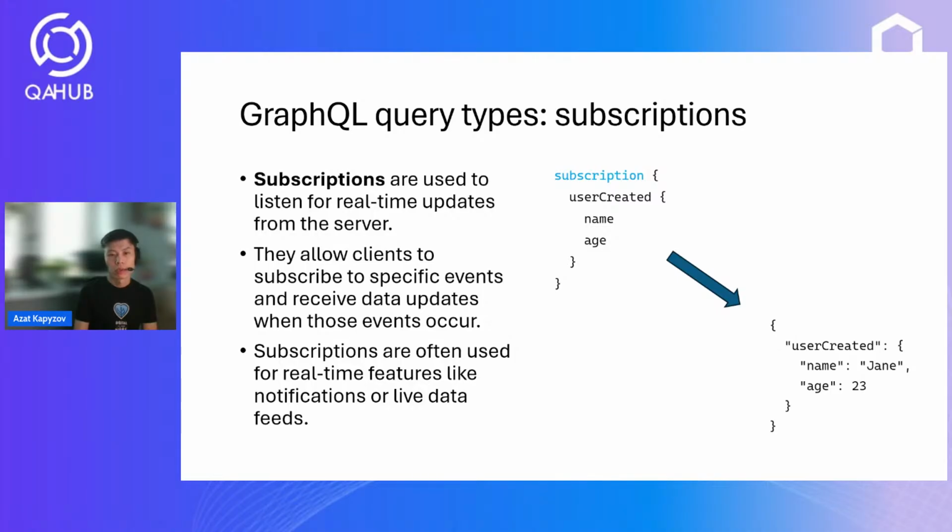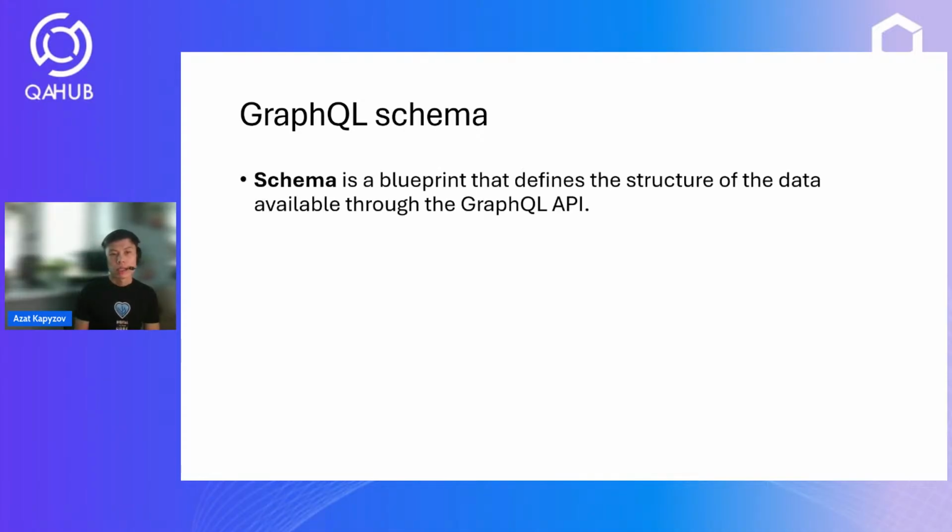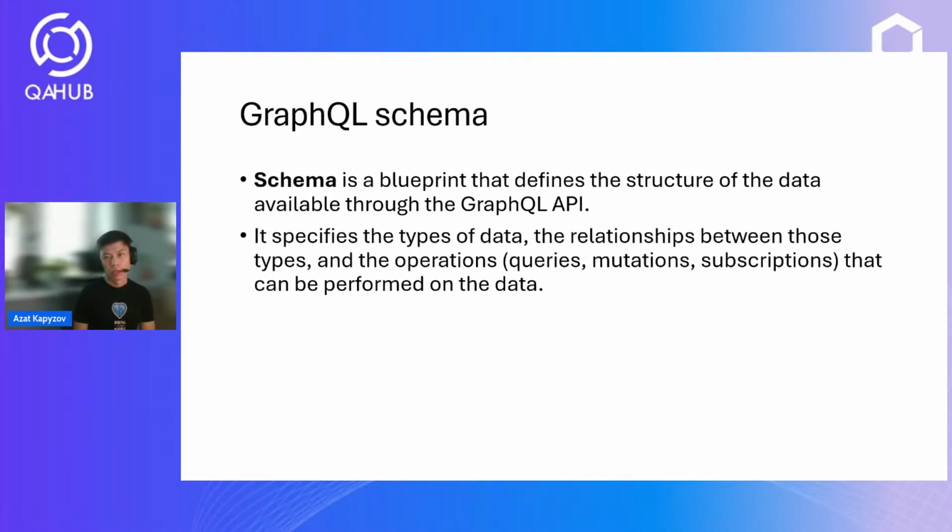Now let's talk about GraphQL schema. What is a GraphQL schema? It is a blueprint that defines the structure of the data available through the GraphQL API. It specifies the types of data, the relationships between those types, and the operations (queries, mutations, subscriptions) that can be performed on the data.